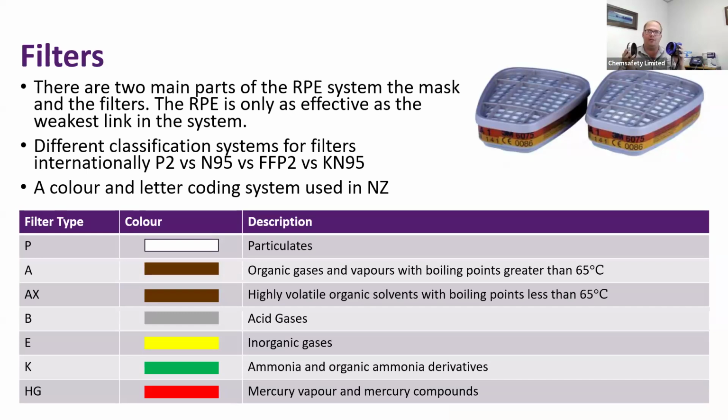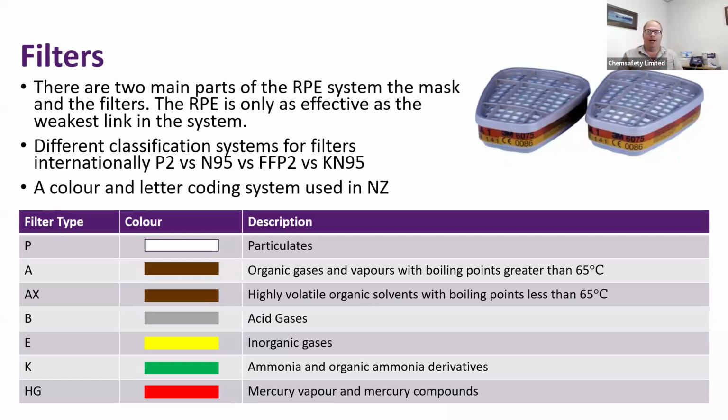If it's only got a P1 filter, it's only giving P1. And this, in the current New Zealand Australian system, a half-face respirator can only provide a max of P2. So even if I put a P3 level filter on, I'm not getting P3 level protection. I'm only getting P2 level protection.